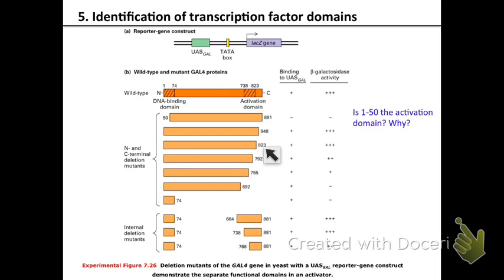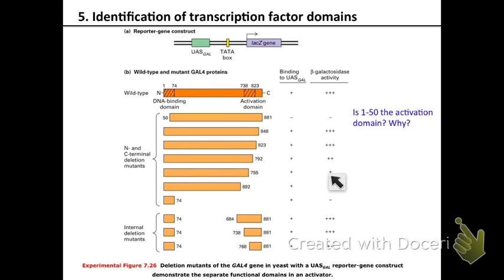What about between 823 and 792? Can that be the activation domain? Yeah, right? Because you're doing something to the protein so that its activation ability is going down, and that's depicted by 2 pluses instead of 3, right? And then you delete a little bit more, from 792 to 755.